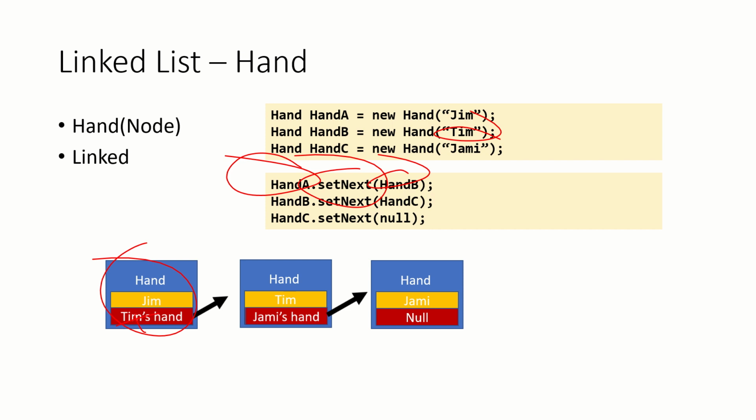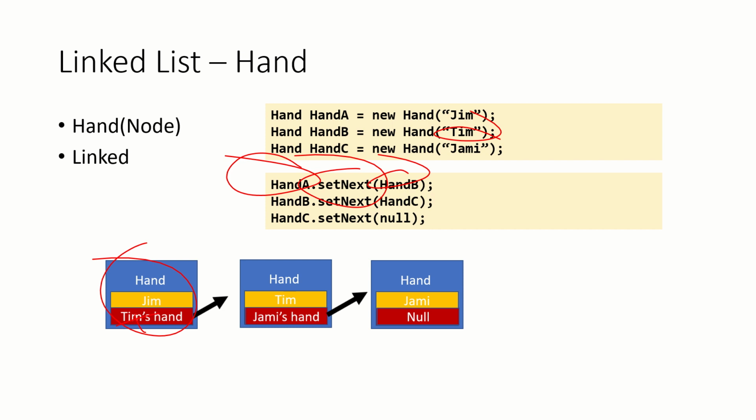The next one is hand C. Hand C points to nothing, so the next would be null. Does that make sense?